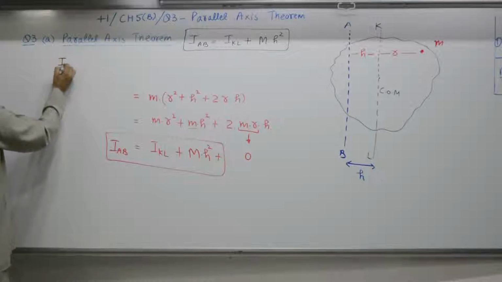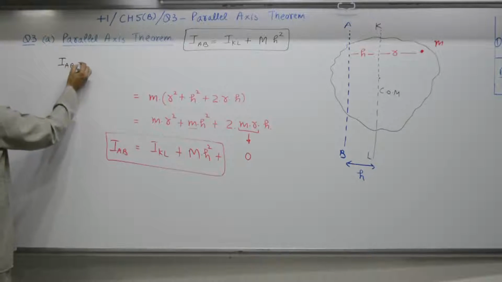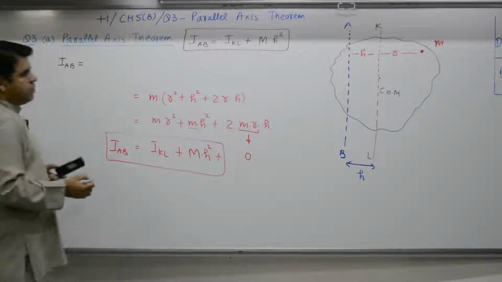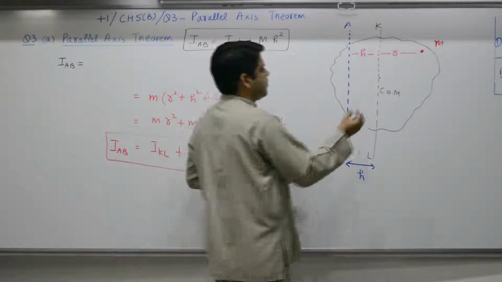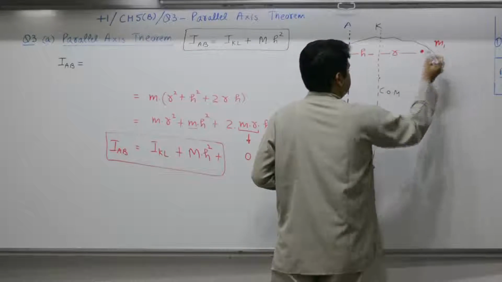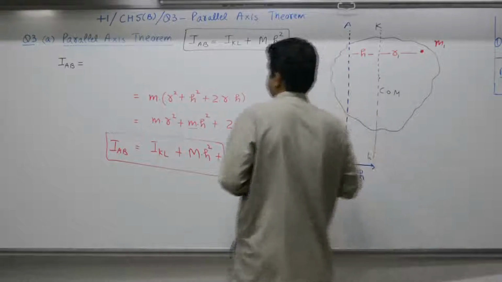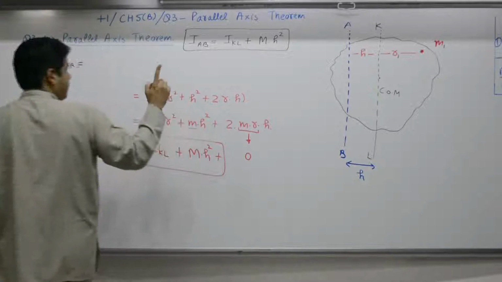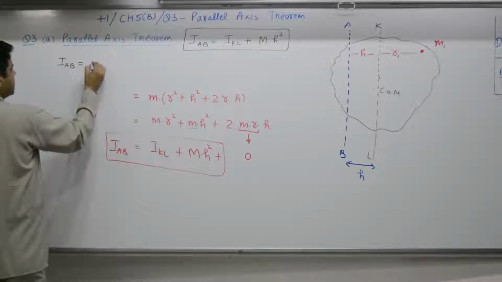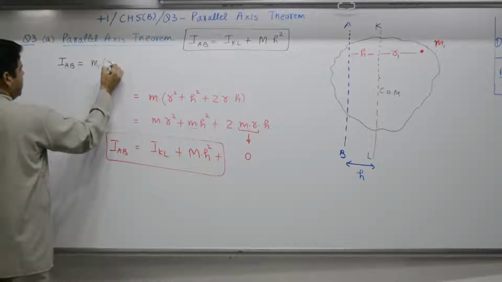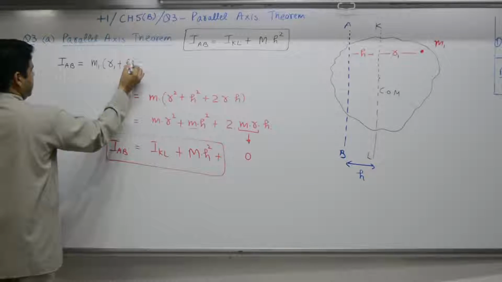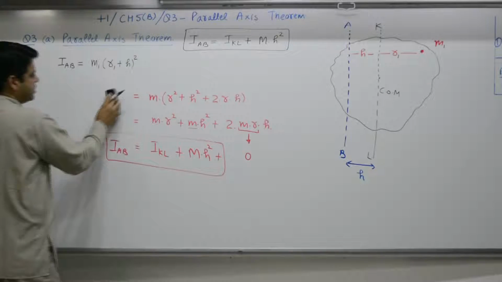Moment of inertia about AB is equal to particle number 1, m1, at what distance? r1. So the moment of inertia of particle number 1 is m1 (r1 plus h) square. This is one particle.